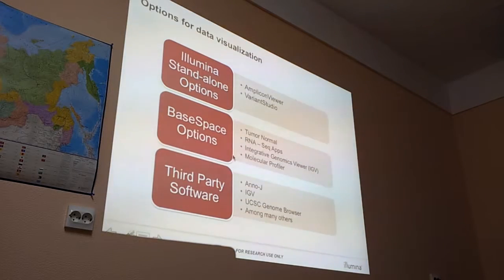Tumor normal comparison, RNA-seq, integrative genome viewer, molecular profiler. So these are all applications that you can find in BaseSpace, and then of course you can also use other third-party software. A lot of people use IGV or the UCSC genome browser.